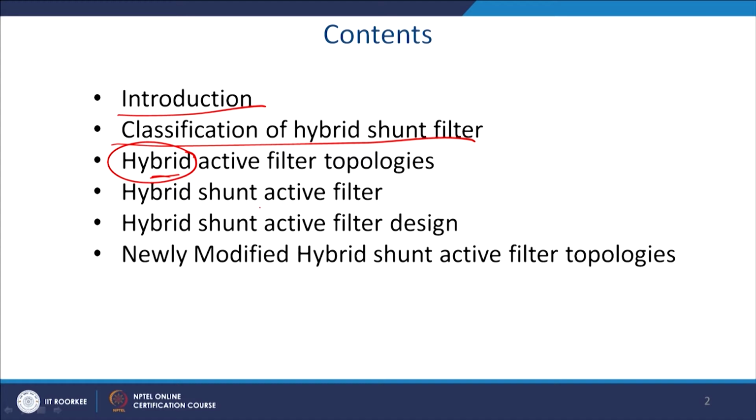Then we will discuss the hybrid shunt active power filter performance. Thereafter, we will discuss the design of the hybrid shunt active power filter, and some newly reported topologies we can also discuss, and conclude our discussions on the hybrid shunt active power filter.